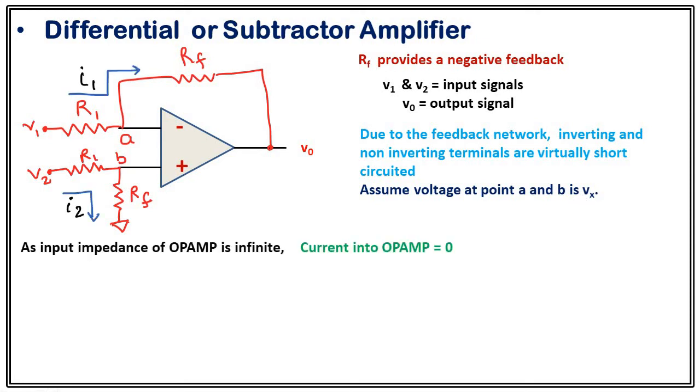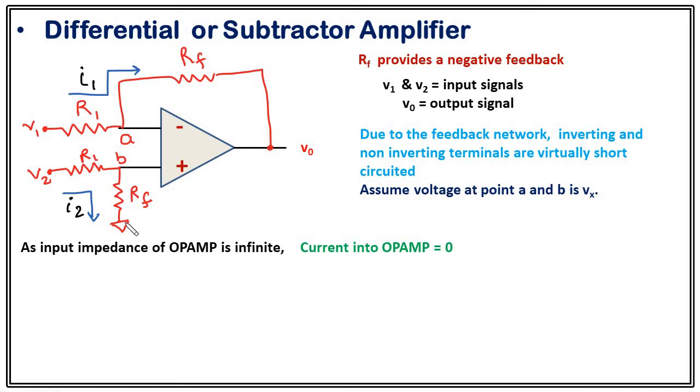As the input impedance of an op-amp is infinite, no current goes into the op-amp. So any current flowing through resistance R1 must go through resistance Rf. Similarly, any current starting from V2 has to pass through resistance Rf, and ultimately it goes into the actual ground.